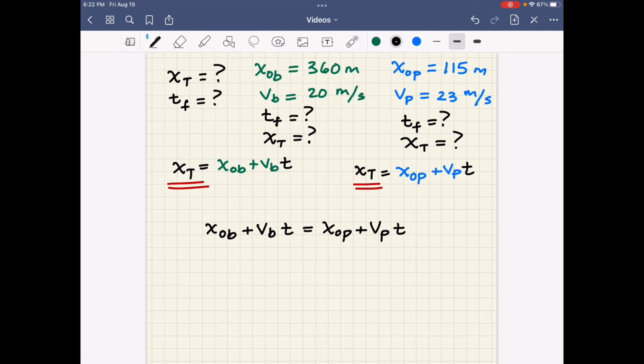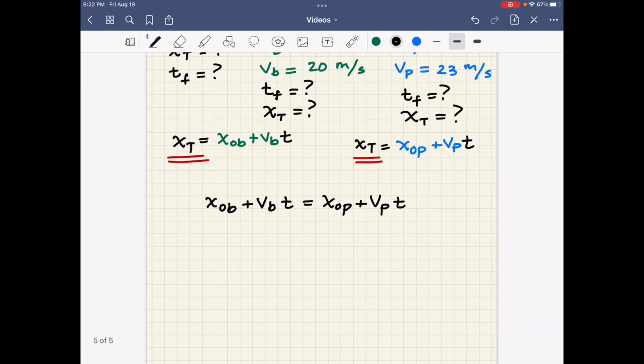So let's solve for t. There's two of them, so we've got to do some algebra. Not complicated. So the first thing I'm going to do is move the initial position of the police to the left. Now, although both of them are x naught, they have different subscripts, so I cannot simplify these two.